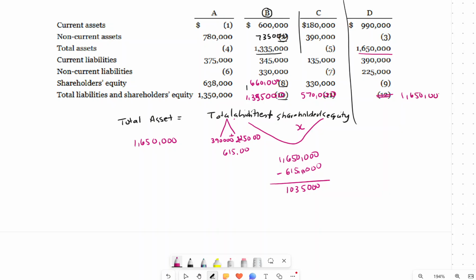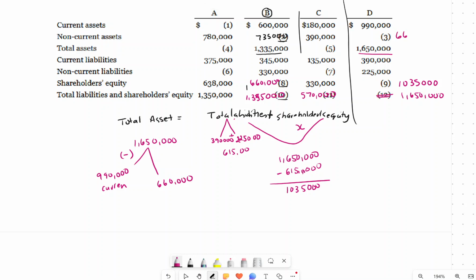My shareholders equity is what we just worked out, 135,000, and in this case they told us made out of 990 was my current. If I take both numbers and minus from each other, I will get the number for my number 3, which will be your 660,000.